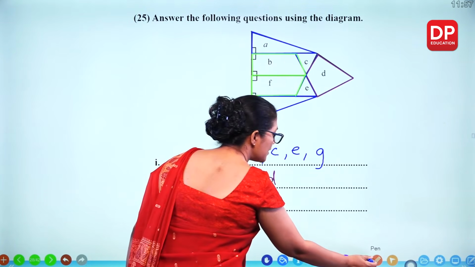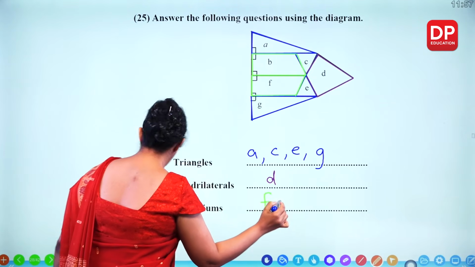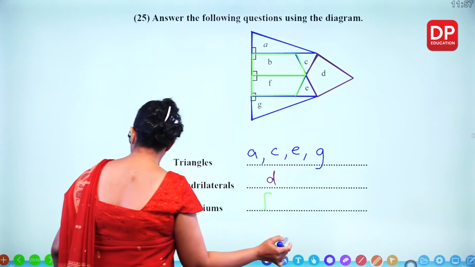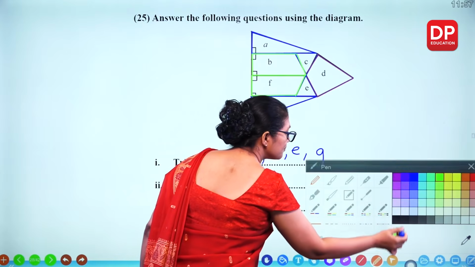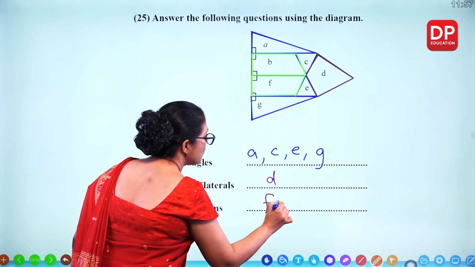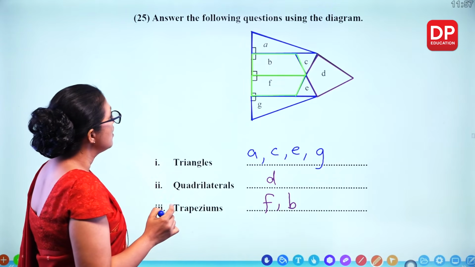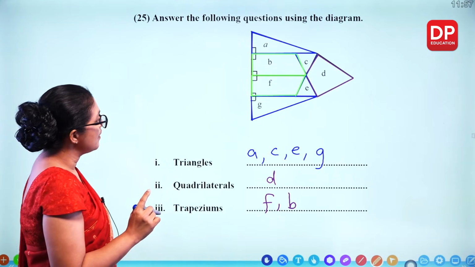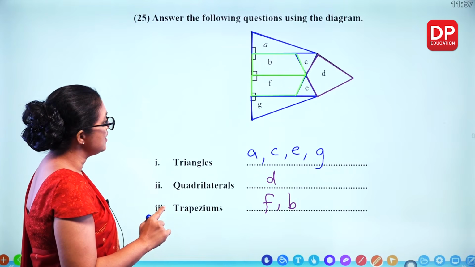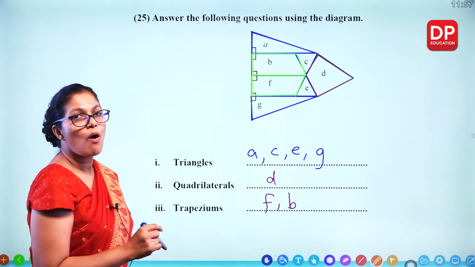F and B, I'll write in a different color. F and B, those are trapeziums. A, B, C, D, E, F, G. We identify all.